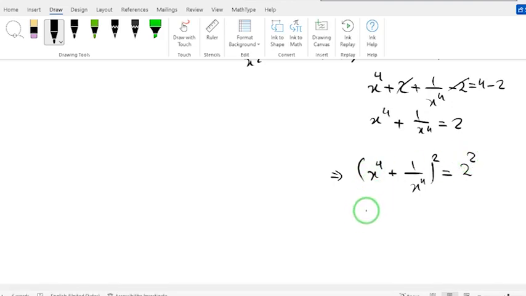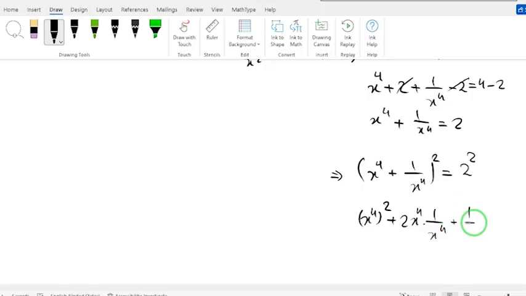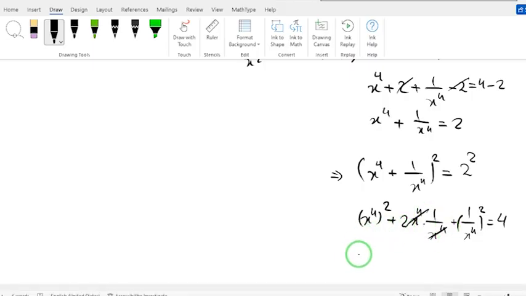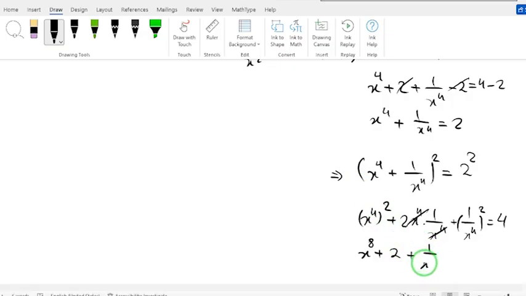Then we expand this identity: (x to the power of 4) squared plus 2 times x to the power of 4 multiplied by 1 over x to the power of 4 plus (1 over x to the power of 4) squared equal to 2 times 2 is 4. Then we get x to the power of 8 plus 2 plus 1 over x to the power of 8.